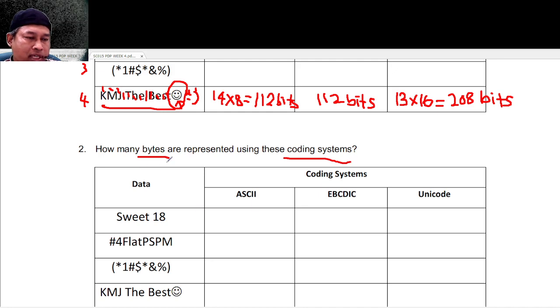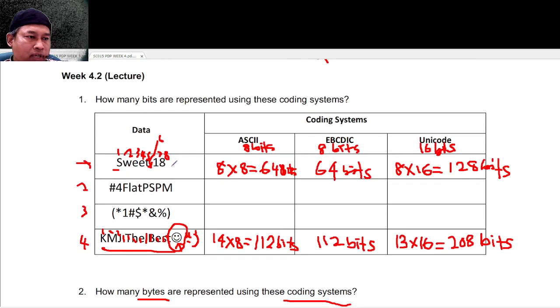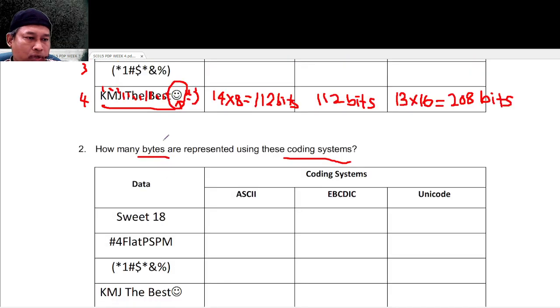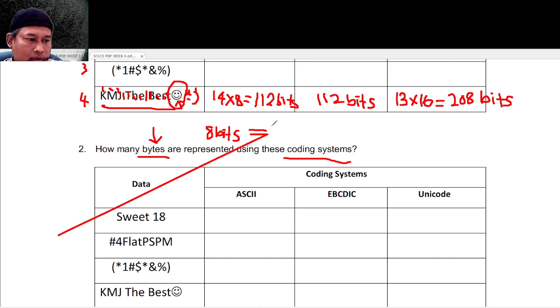Remember, in question number 1 you count for bit, and in question number 2 you count for byte. So 8 bit equals 1 byte.